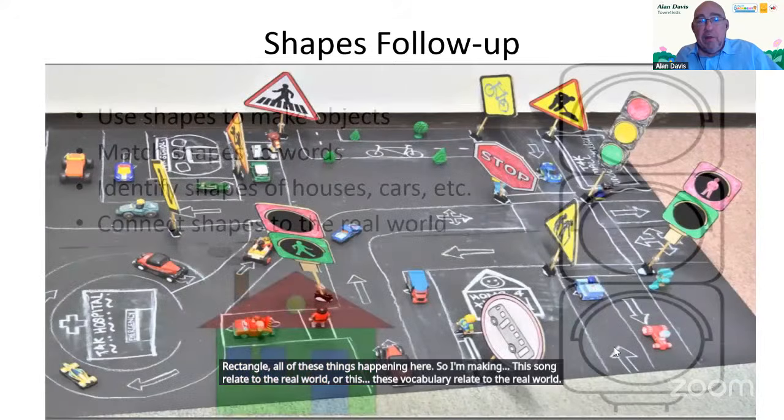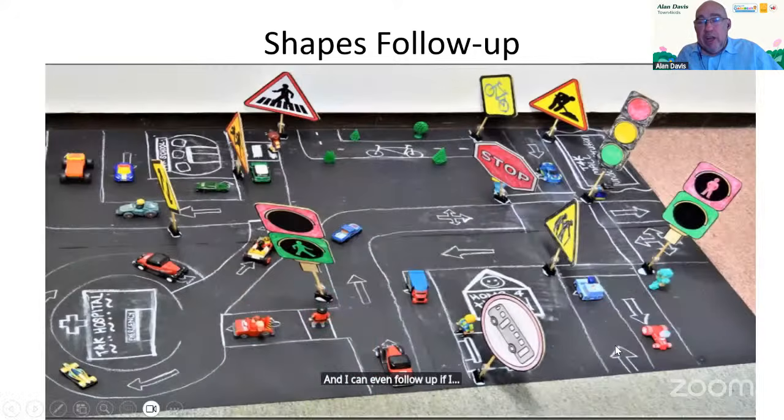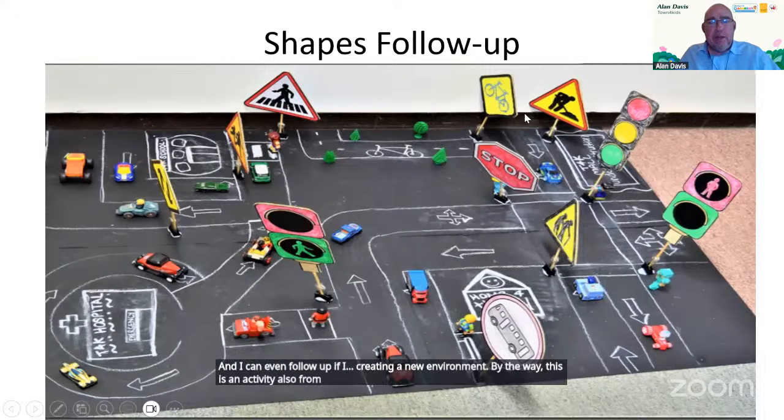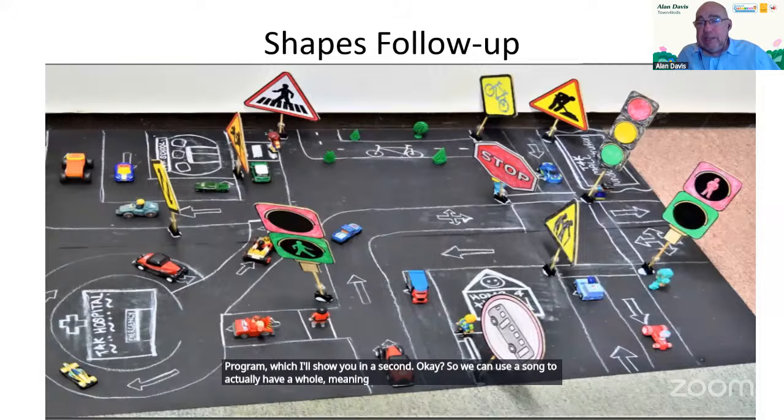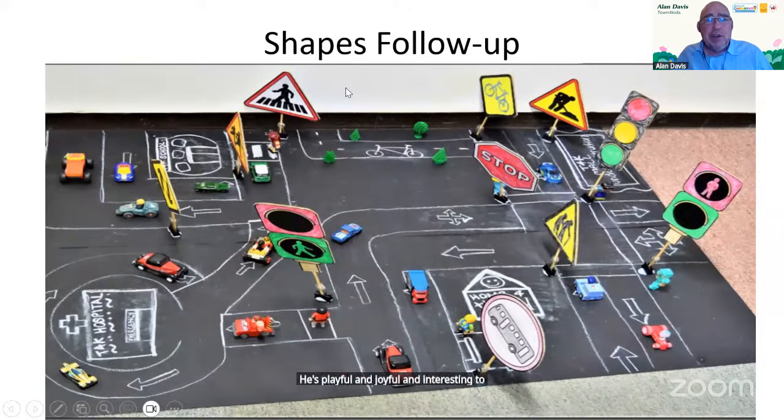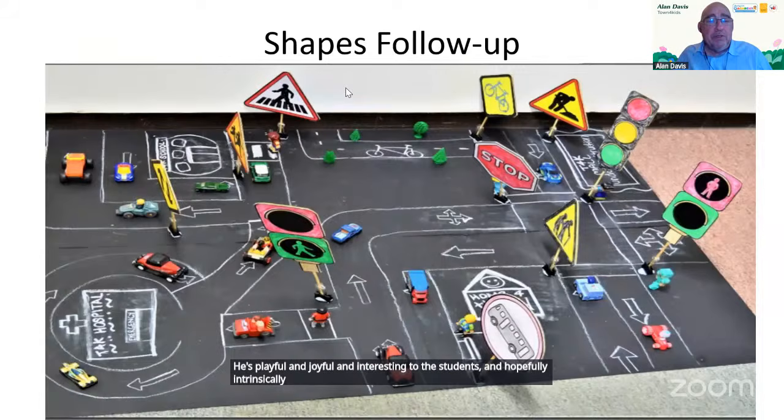And I can even follow up by creating a new environment. By the way, this is an activity also from the program, which I'll show you in a second. Okay, so we can use a song to actually have a whole meaningful lesson that is playful and joyful and interesting to the students and hopefully intrinsically motivated.